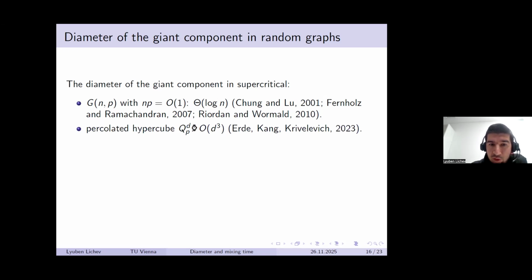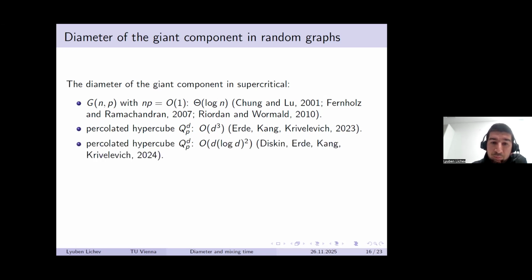So concerning the hypercube Q^d_p, bounds were established by the paper that I already told you about, by Erde, Kang and Krivelevich. Together with mixing time, they established a bound on the diameter, which was d cubed, so a polynomial one. And then a later paper from 2024 established a bound which is almost optimal, but there is this additional factor of log d squared.